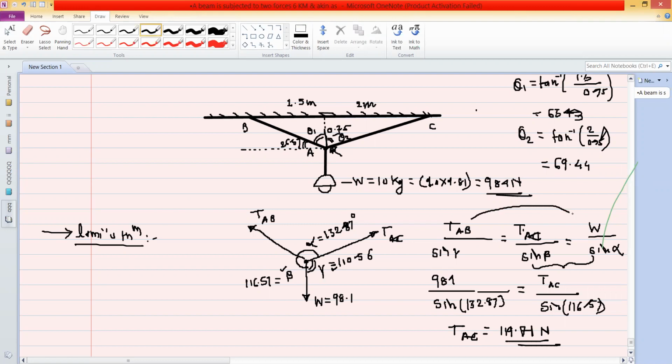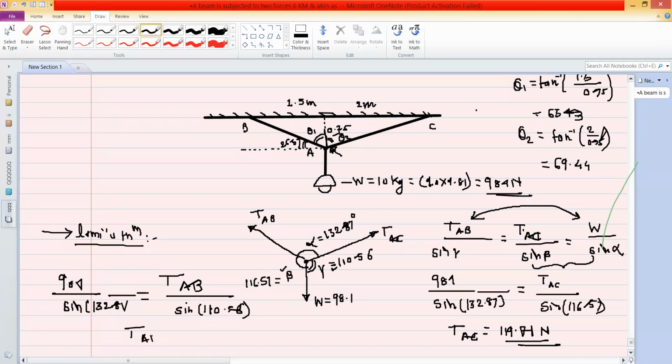And then select these two equations to find out the tension AB. So W is 98.1 divided by sine alpha, and gamma value is 110.56.